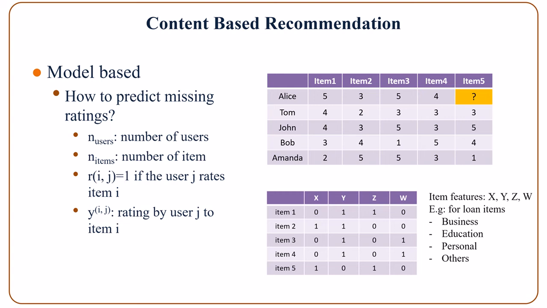Let's denote n_u as the number of users, and n_m as the number of items. The element r(i,j) in the matrix R is equal to 1 if user j rates item i, and y(i,j) is the rating by user j to item i. Here we use the dataset with items on the row and features on the column for training a model.